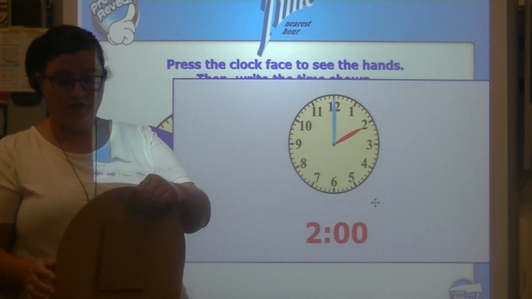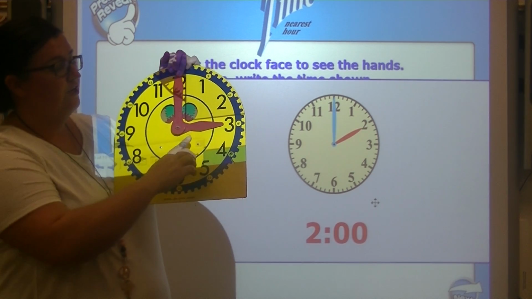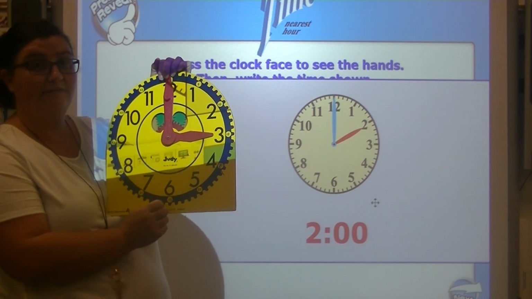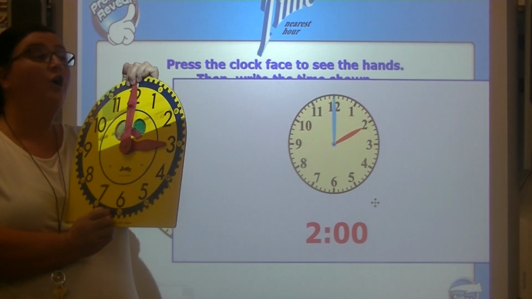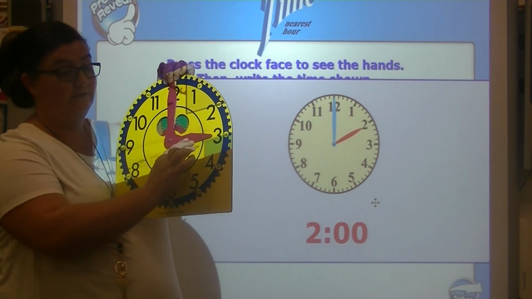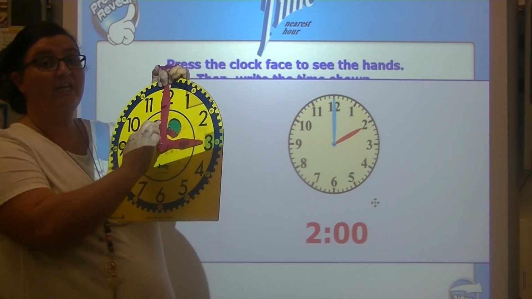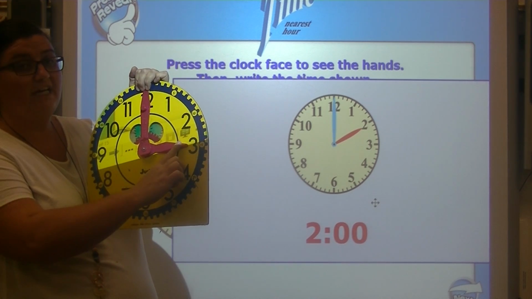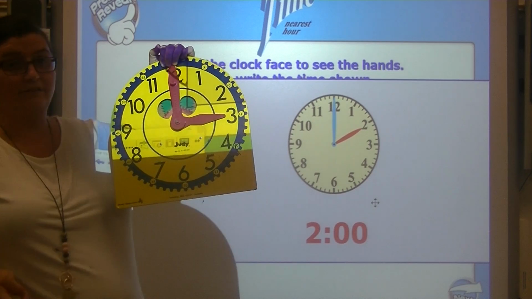All right, let's check your work. Your hour hand or short hand should be on the 3. That's your blue hand. Your orange hand, minute hand, should be on the 12. 3 o'clock.